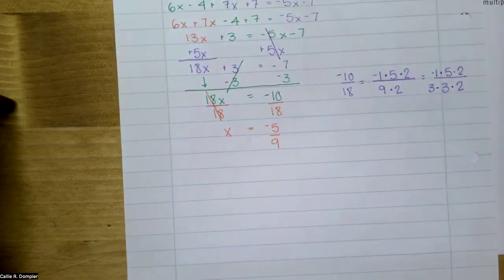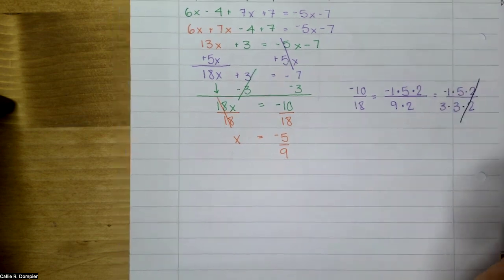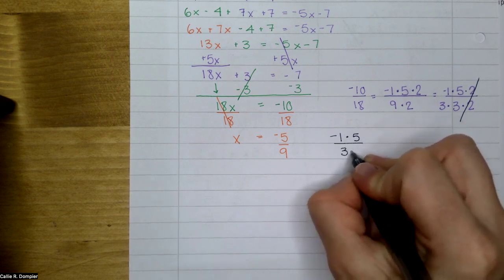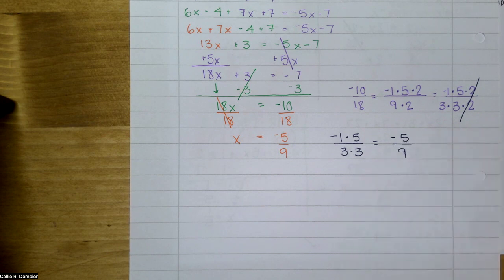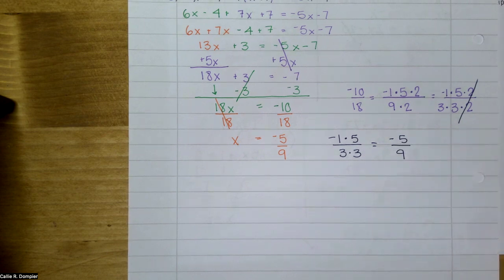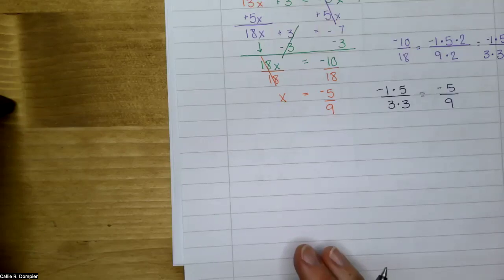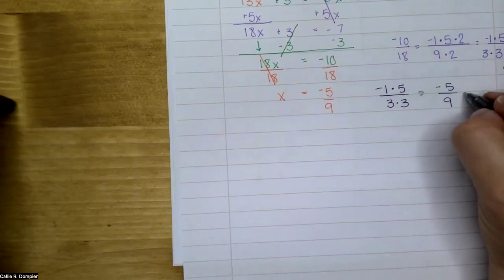And what I see is I can cancel out those 2's, and I'm left with negative 1 times 5 divided by 3 times 3, which is negative 5 divided by 9. So that's the most simplified you can get that fraction, and that is what they will want it in, simplified form. Good. Negative 5/9 is our answer.